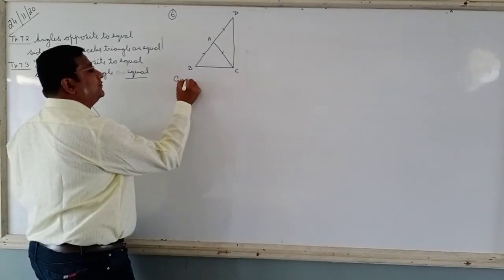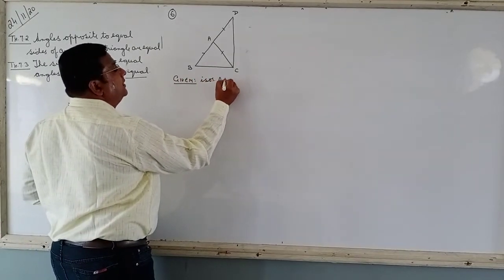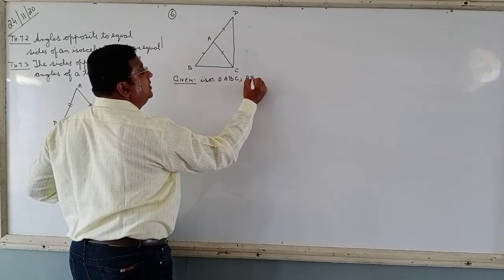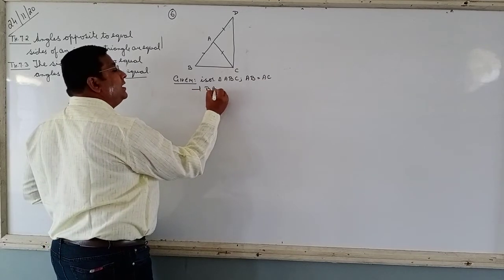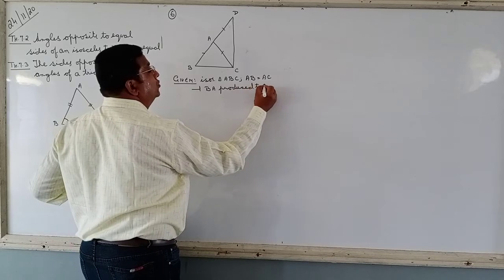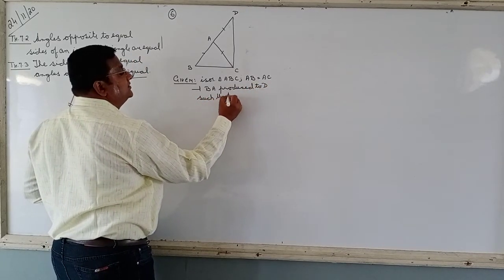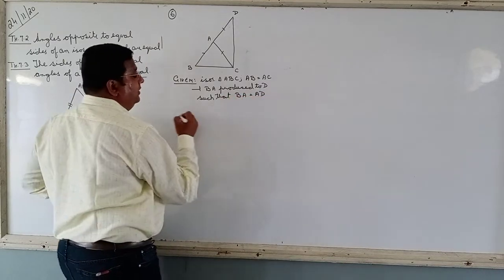What is given to us? We are given isosceles triangle ABC in which AB is equal to AC and BA produced to D such that BA is equal to AD.